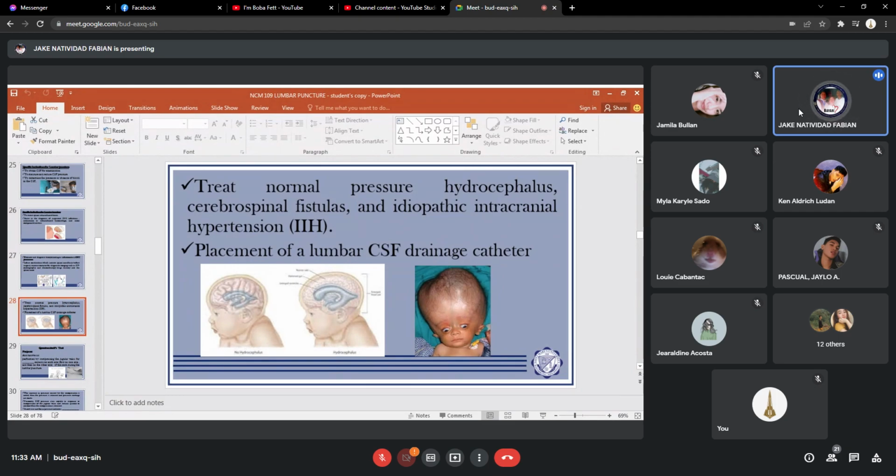Pag nag-pink yan, then that indicates now na acidic. Okay? Pag hindi nag-change yung color, then that means na alkaline siya. And sabi ko kanina, ang pH ng ating cerebrospinal fluid is alkaline or basic.